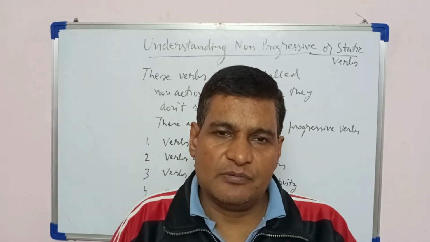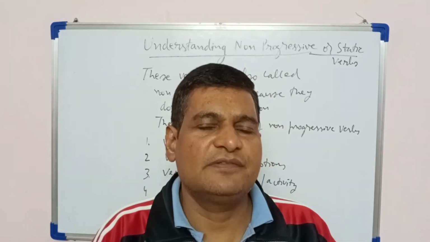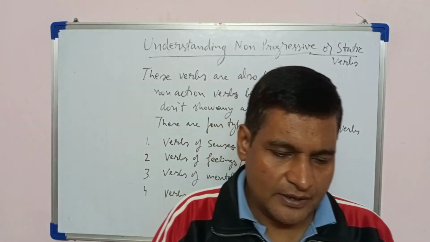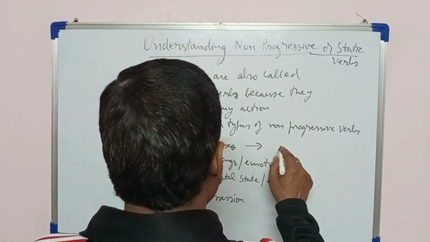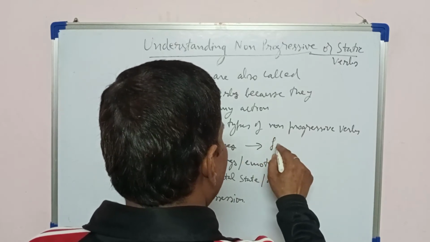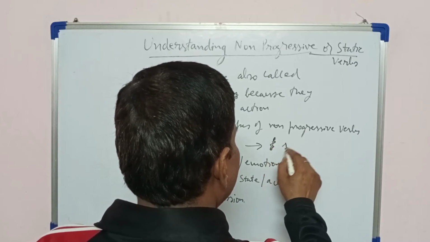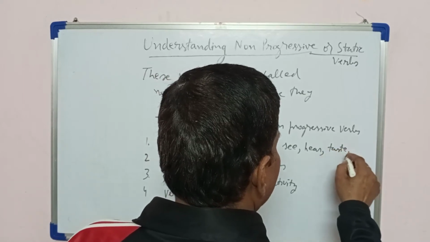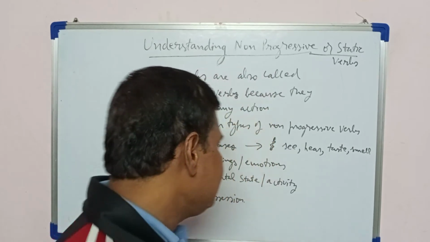And from our nose we are able to realize the fragrance, whether it is nice or foul. So verbs of senses are like see, hear, taste and smell.